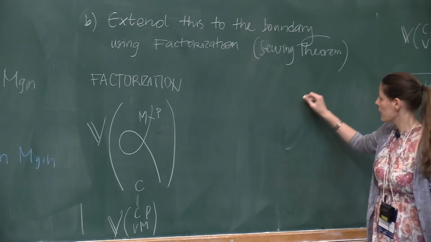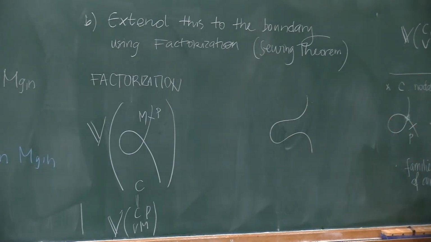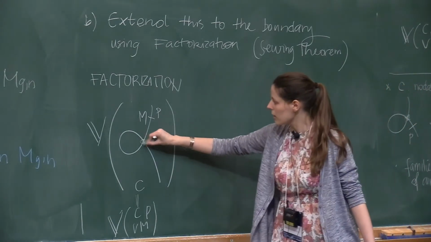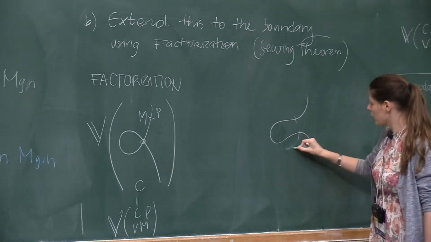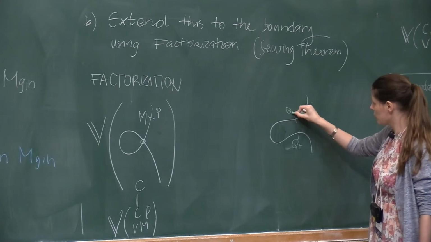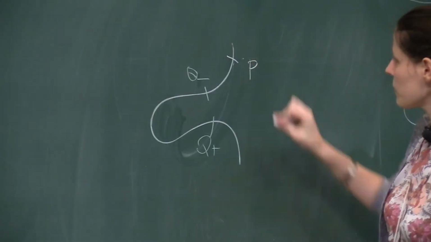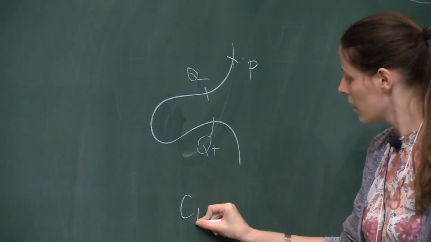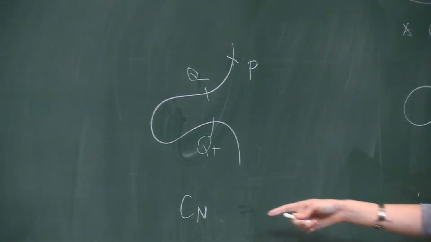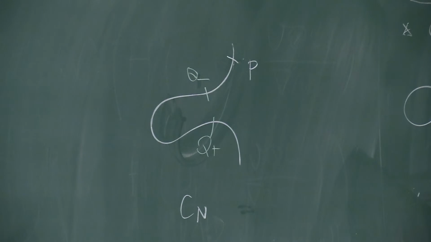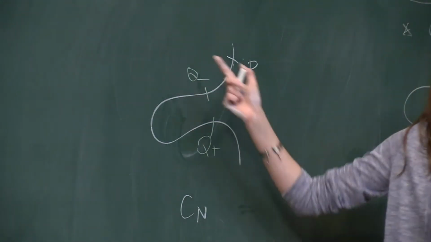I can take the normalization. Now I take the normalization. I have Q plus and Q minus, and I have again my point P. In this normalization, I have 3 points, so I should give to each point a representation.